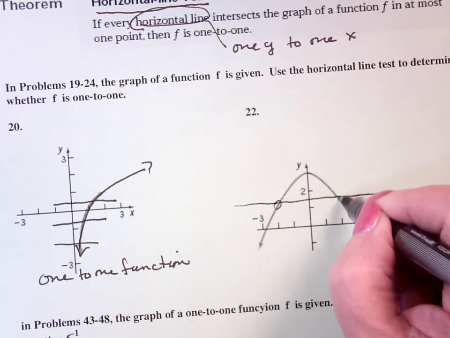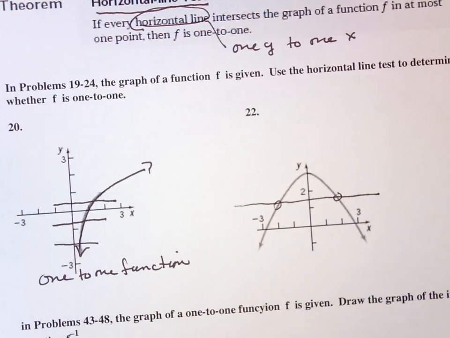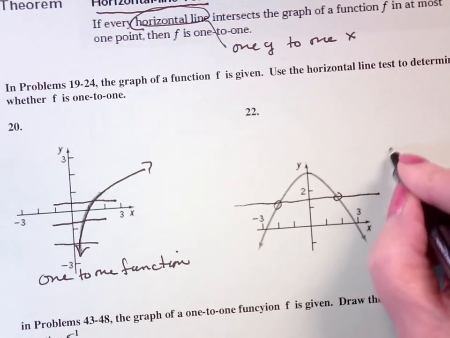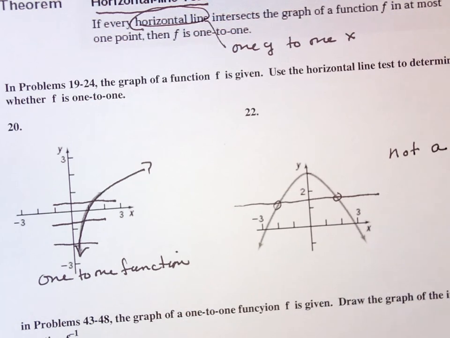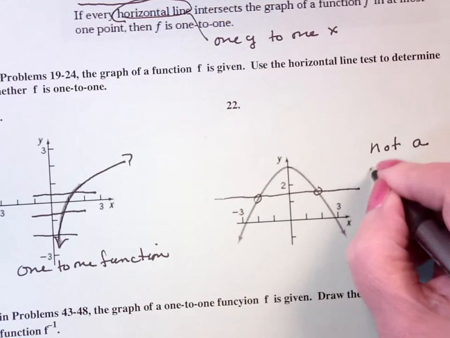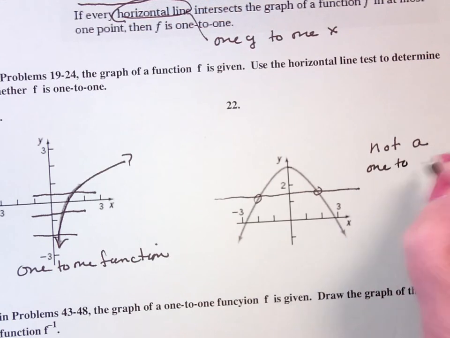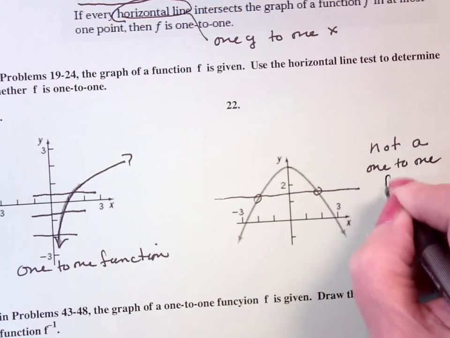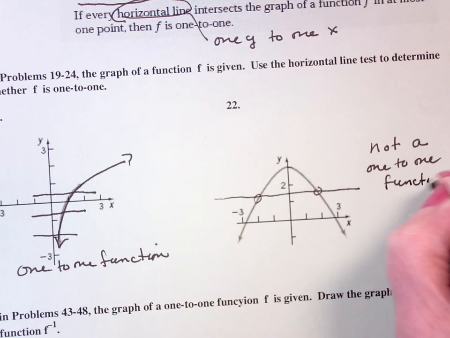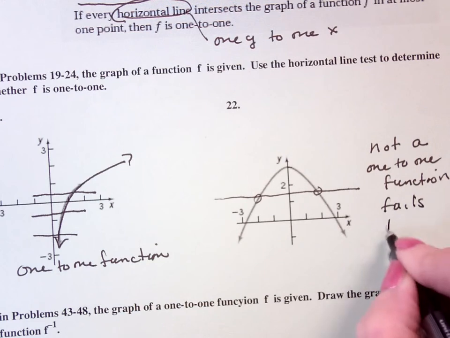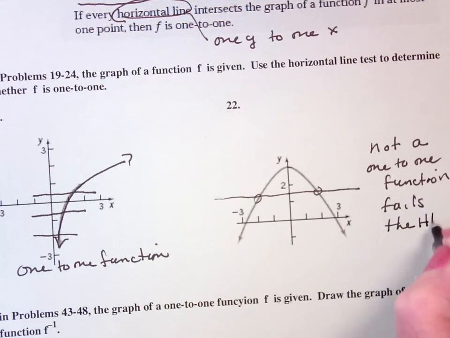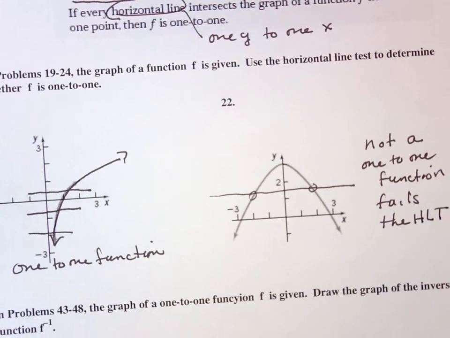A horizontal line intersects in more than one place. So this is not a one-to-one function as it stands. And why? Because he fails the HLT, the horizontal line test.